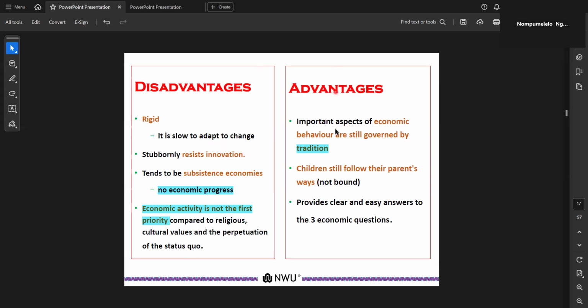And then the advantages here are that they still follow their tradition, their systems are governed by tradition, and also children follow their parents' ways. And it provides clear and easy answers to three economic questions, which are what to produce, how to produce, and for whom to produce it.